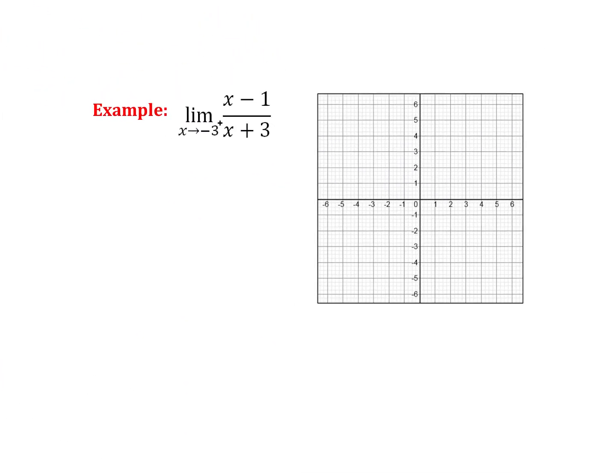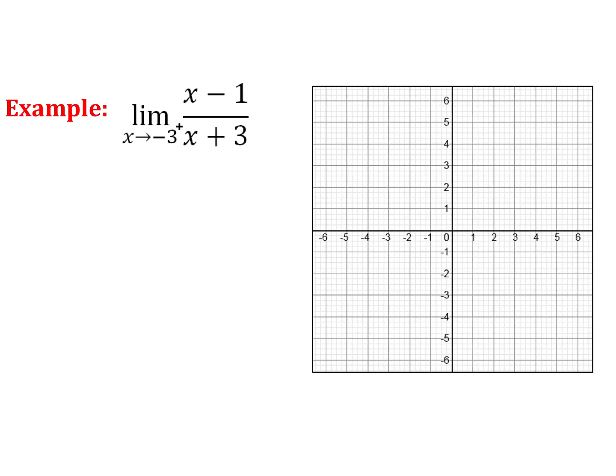All right, let's take a look here. We're going to approach negative 3 from the positive side. I'm going to do this graphically first, and we'll do it algebraically afterwards. Graphically, I've got an x-intercept at positive 1, so I look in the numerator for the x-intercept. The denominator gives a vertical asymptote at negative 3.